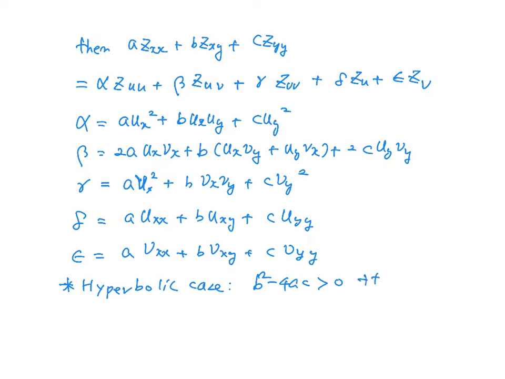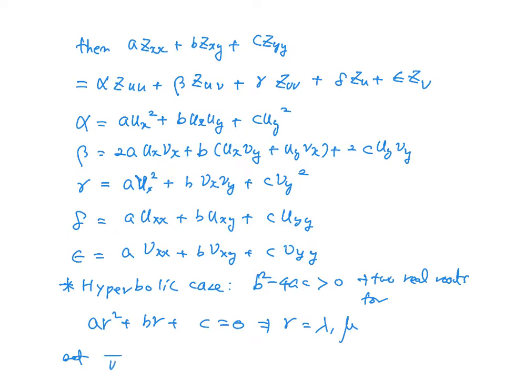That means we have two real roots for this equation: a r squared plus b r plus c equal to 0. Right? So let's say the roots are lambda and mu. Then we can set u_x over u_y as lambda, v_x over v_y as mu.